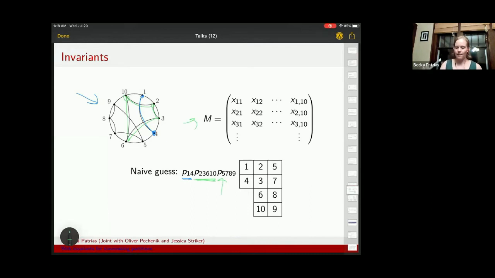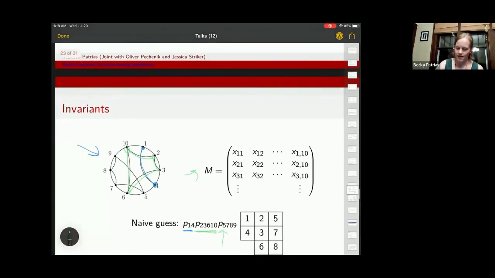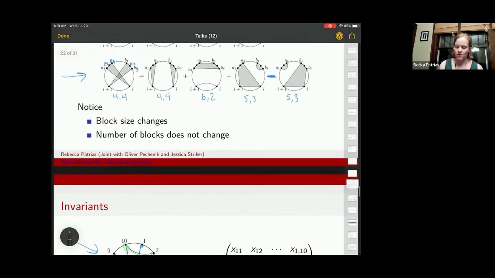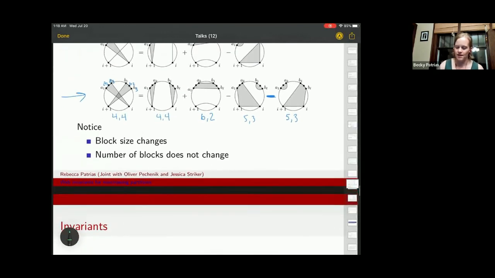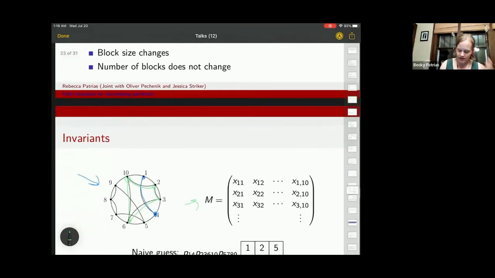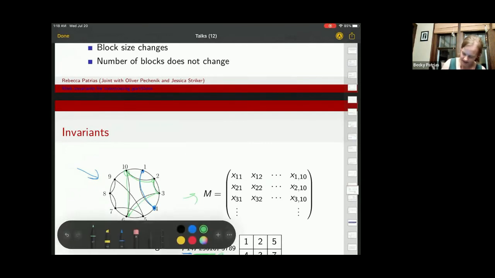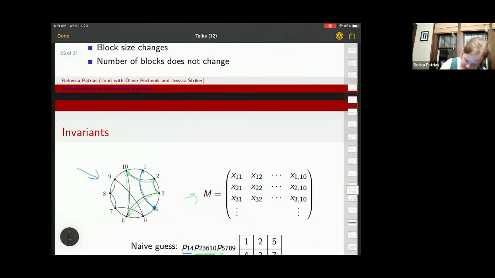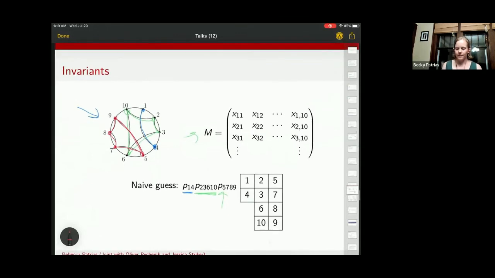And we can see that by looking again at these crossings rules that we're trying to keep true. So notice here I have 2 blocks of size 4 that are crossing each other, the red and green block. So I'll go back to that in the crossing rules.